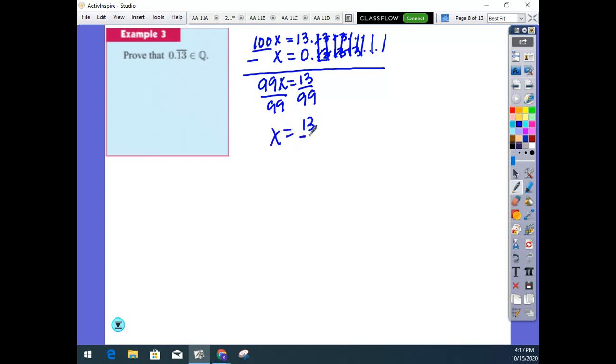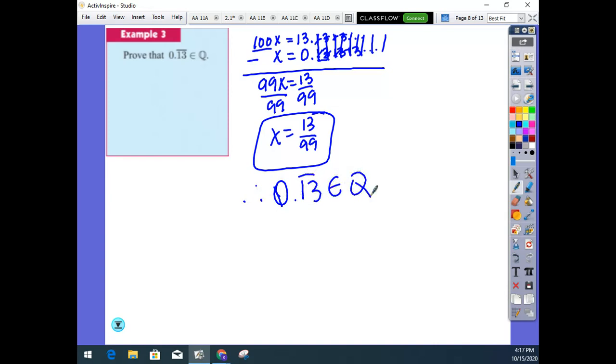So x equals 13 over 99. Because 13 hundredths repeating can be written as a fraction, that belongs, hence, therefore, to the rational numbers.